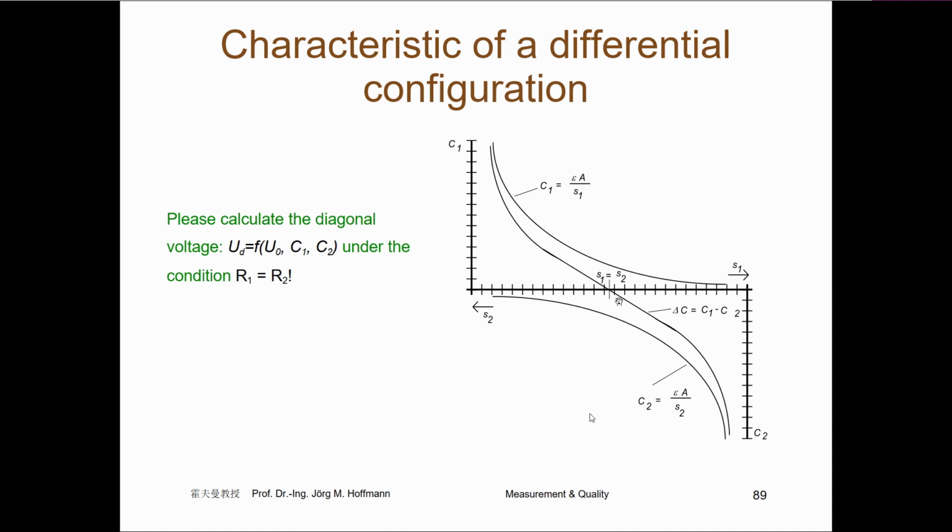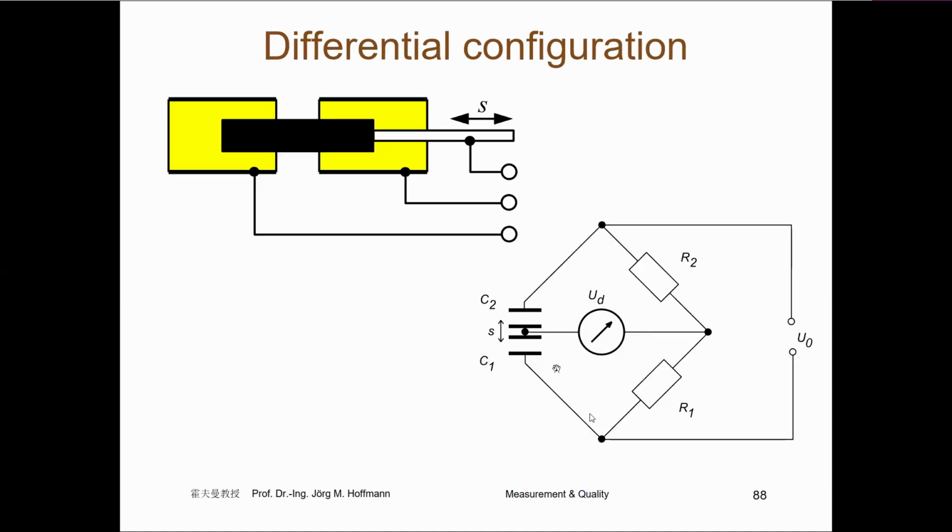And you have an immunity against disturbances from outside. When you have disturbances from outside, you have them on both sides of the bridge. And when you calculate the difference, then you eliminate these disturbances. So you can say you have three very important points with the differential configuration.